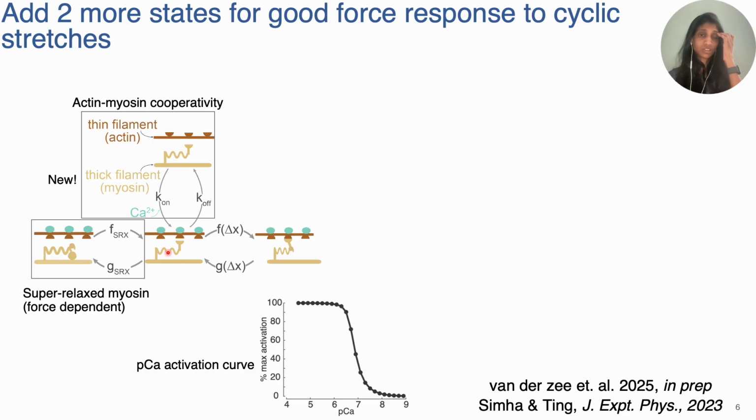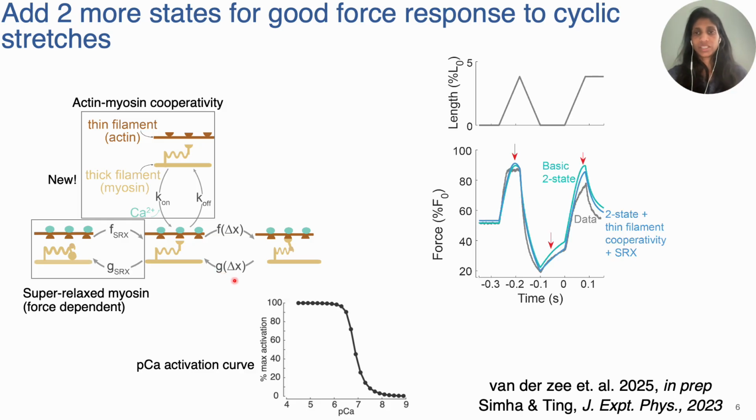Now, the models you use today will also consist of another myosin state known as super-relaxed myosin or SRX. Now, this is when the myosin heads can also exist in the state where they're unavailable for attachment, and they enter the pool of attachment through FSRX and GSRX attachment and detachment rates. Now, these rates are a function of the current muscle force, unlike F and G, which are a function of the current cross-bridge length.